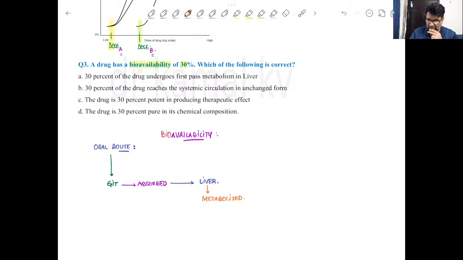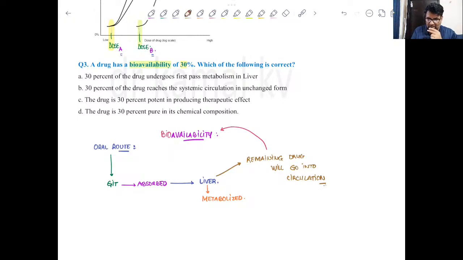And the remaining drug will go into circulation. Clear? So the drug which is going into circulation and which is available to produce effects is known as the bioavailability of that drug.